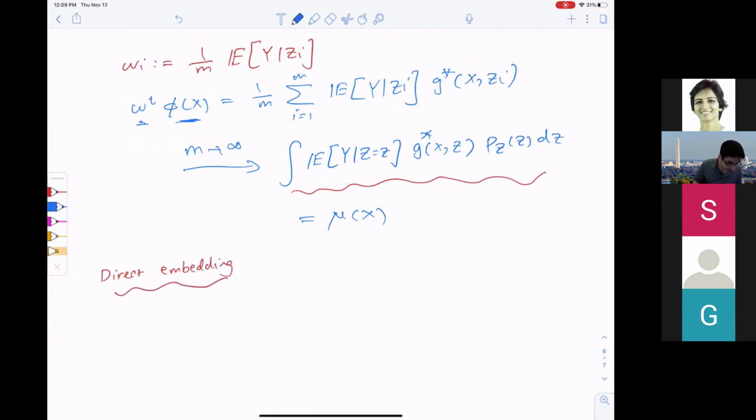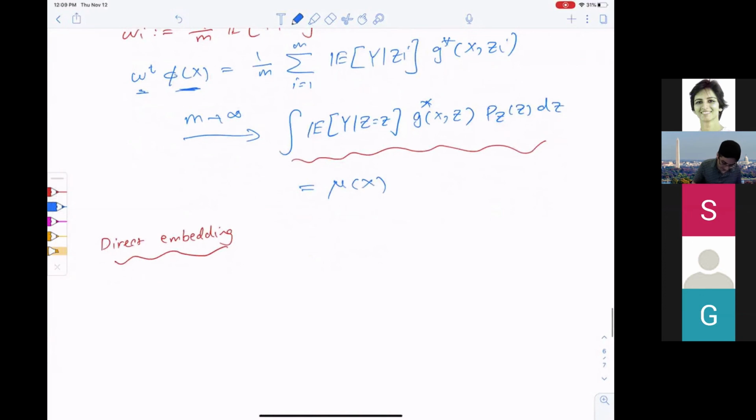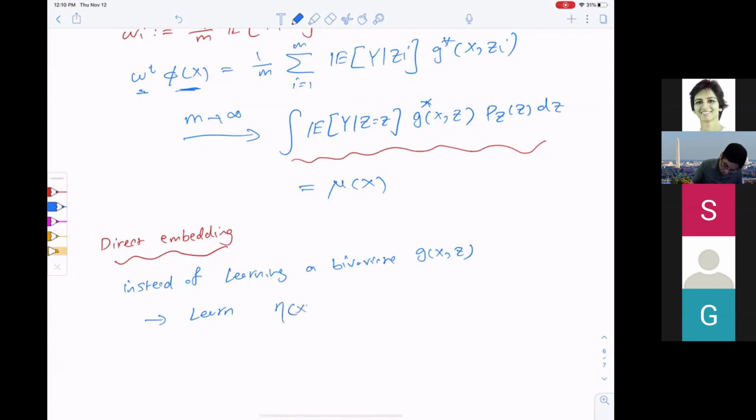So here, instead of learning a bivariate G of x and z, we are going to learn a function that is a product of two functions, mu of x transpose times psi of z.